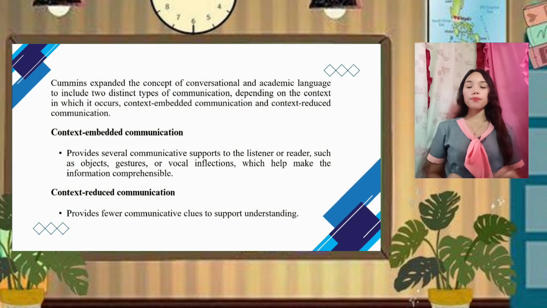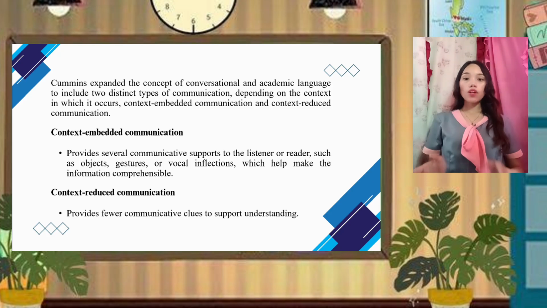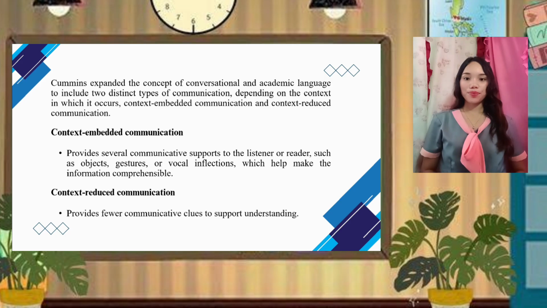Context-embedded communication provides several communicative supports to the listener or reader, such as objects, gestures, or vocal inflections, which help make the information comprehensible. While context-reduced communication provides fewer communicative clues to support understanding.